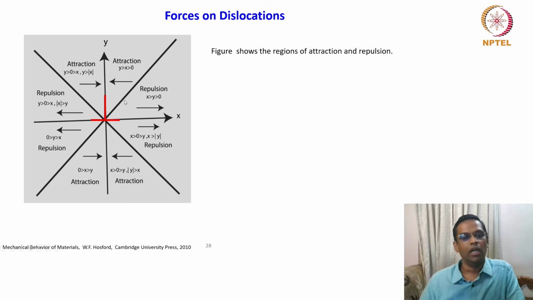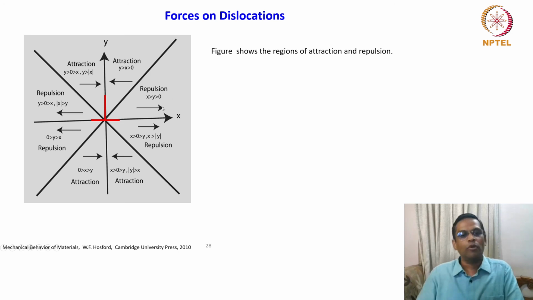If x is equal to 0, or x is equal to infinity, or x is equal to y, in all these cases the stress is 0. You have to travel along this line, and the force is 0. Any value other than these 3 will have some influence.